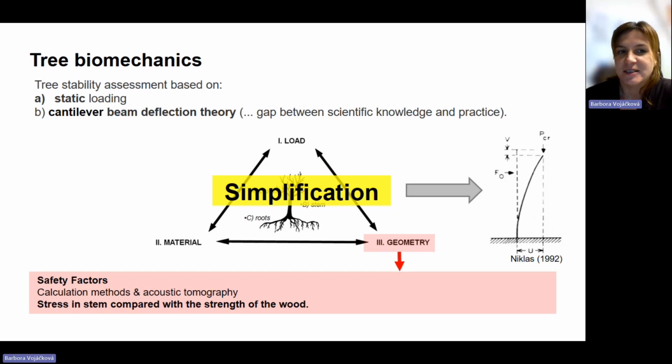And this is the basis for our calculation and our evaluation of the static stability of the tree.